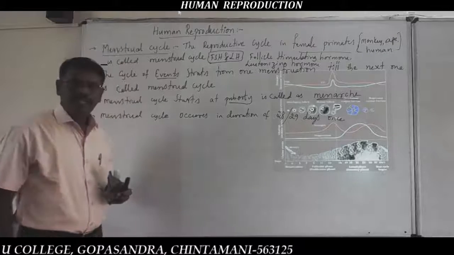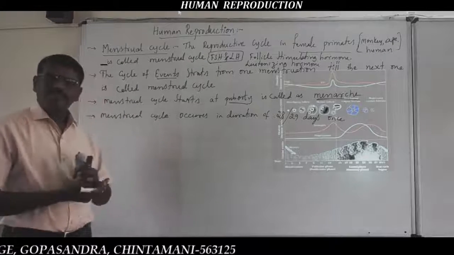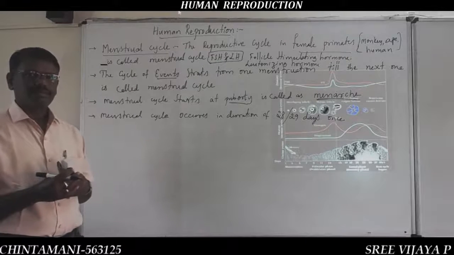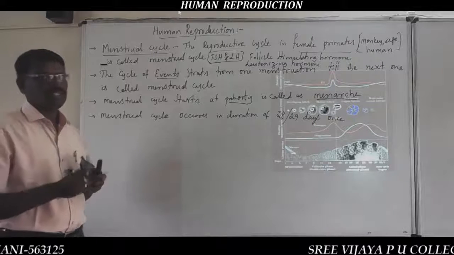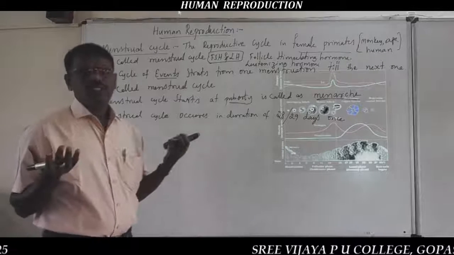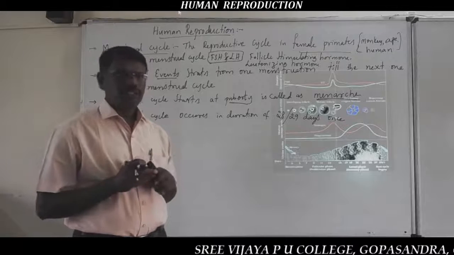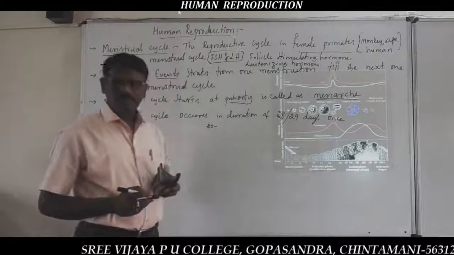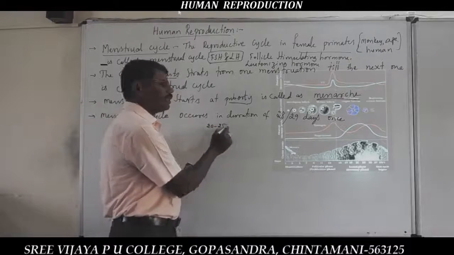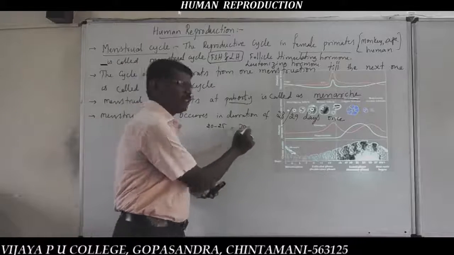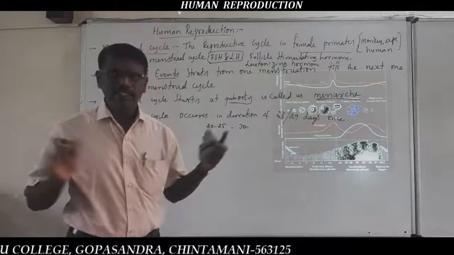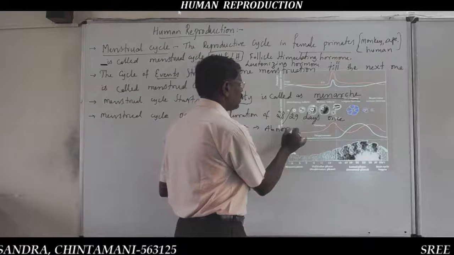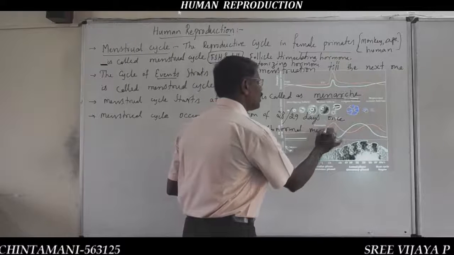Every 28 or 29 days is the normal duration of the menstrual cycle. Sometimes in human females, the menstrual cycle occurs after 20 days, 25 days, or 30 days, which is a little varied. This is called an abnormal menstrual cycle.